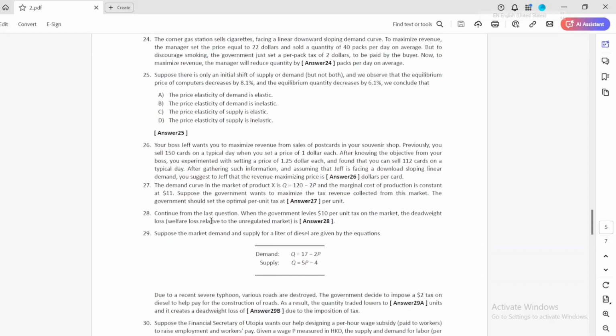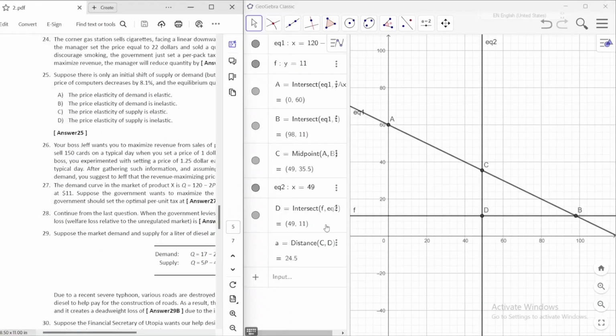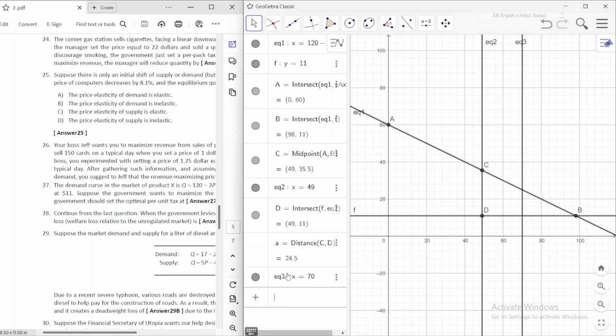Now the next question, the last question: the government levies $10 per unit tax on the market. The deadweight loss is... So let's say x equals 70.